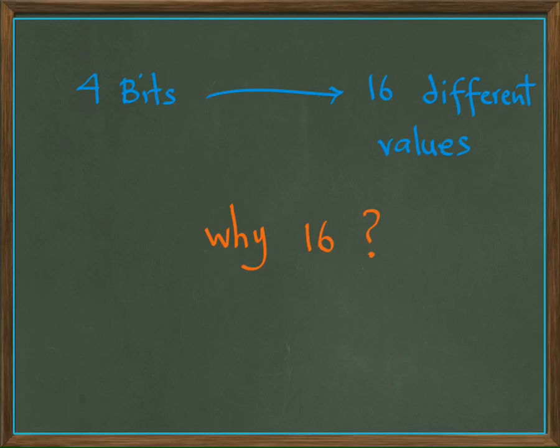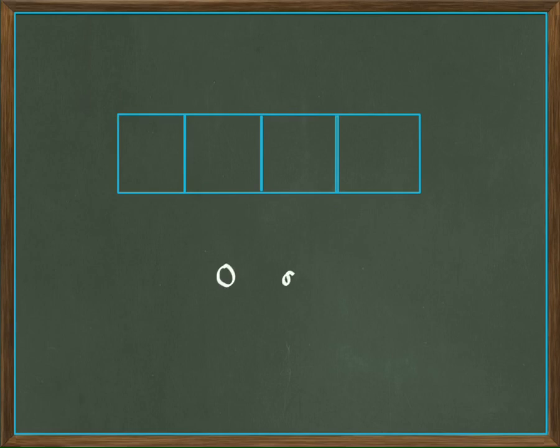Now if I make a claim that a 4-bit number can give me 16 different values of decimal, how can I convince you that this thing is correct? That conviction will come from the counting principle of statistics.